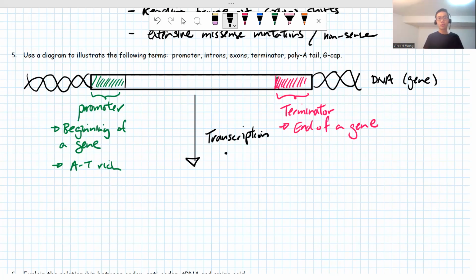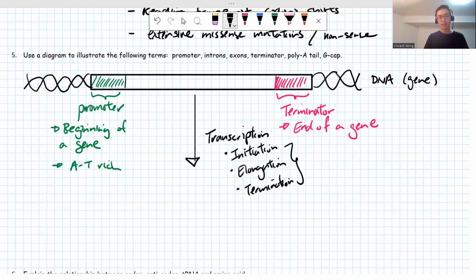Transcription includes 3 steps: initiation, elongation, and termination. And this is done by RNA polymerase.